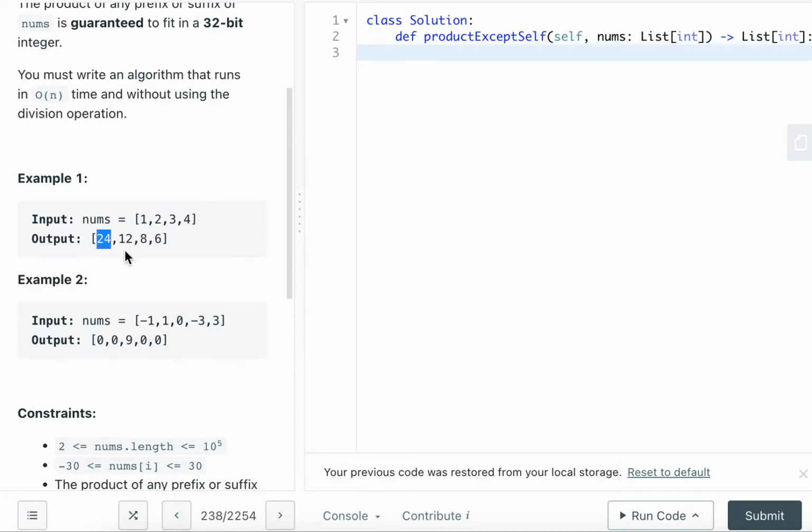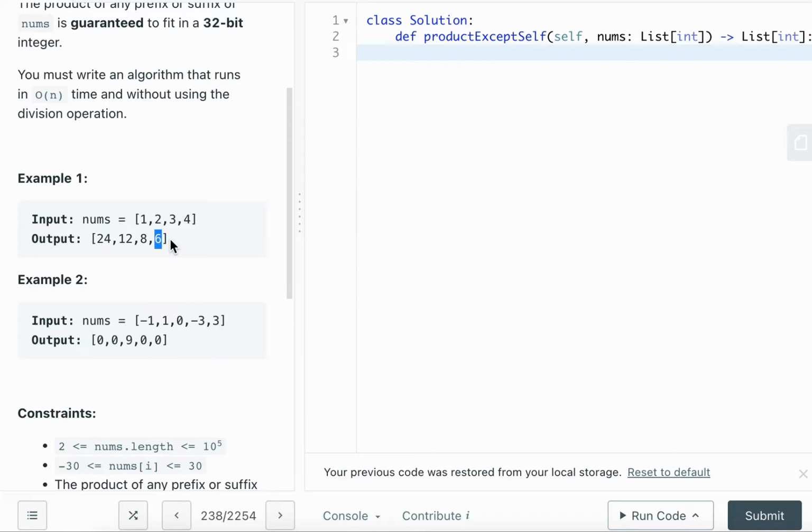That's why here it is 24, and for the 2 except itself, it's 12 if you multiply the rest of the numbers in the array. For 3, if you're not looking at 3, 2 multiplied by 4 is 8, and then for 4 it's 6, right?